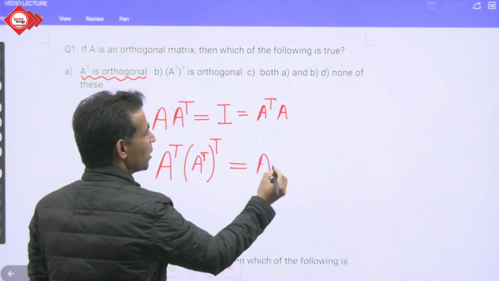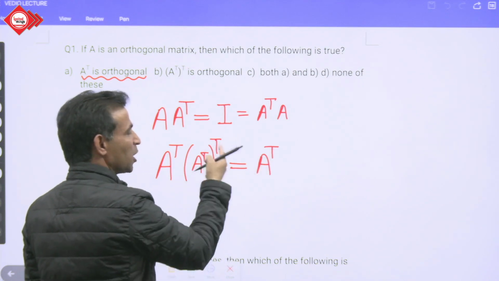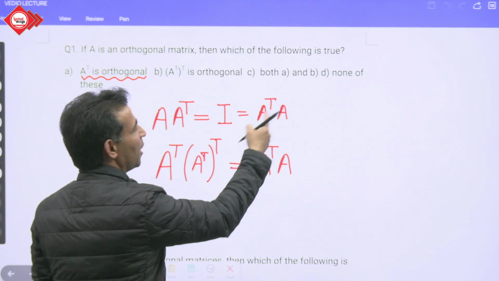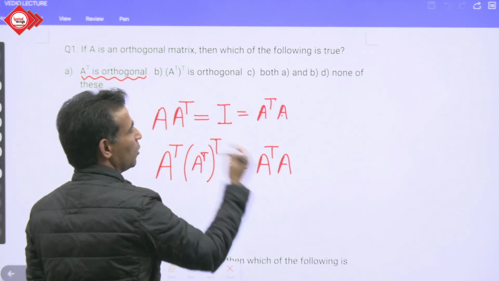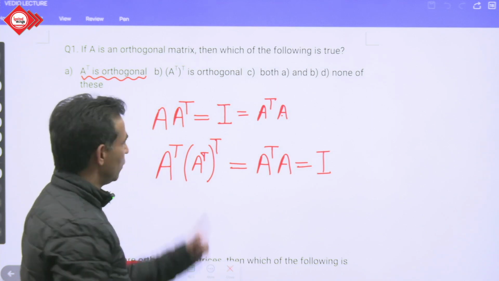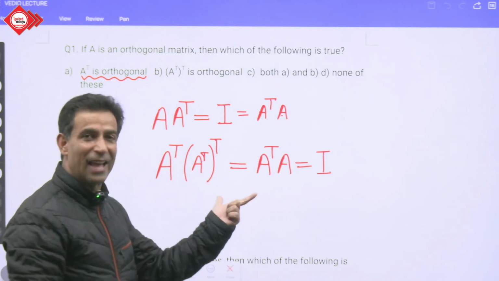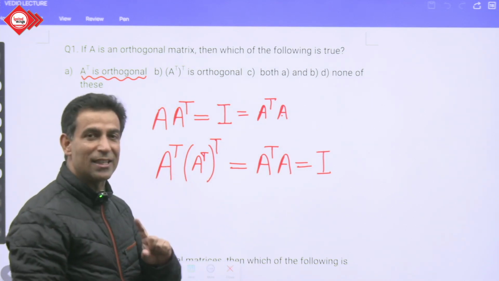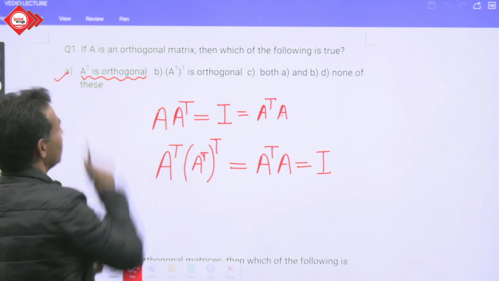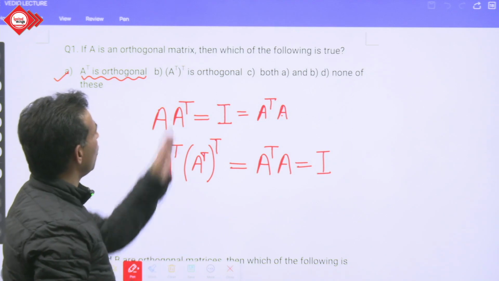It is A transpose here. Now A transpose whole transpose is the matrix itself. Now A transpose A is equal to I, so it is an identity matrix. Look here. So from this it is clear that A transpose is an orthogonal matrix. So option 1 is correct. Let us have a look on option number 2.